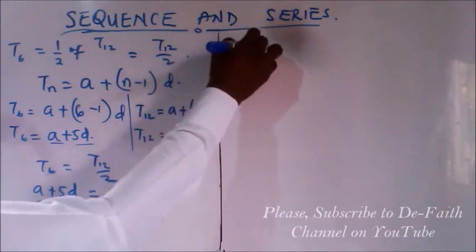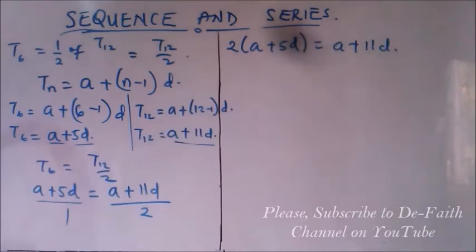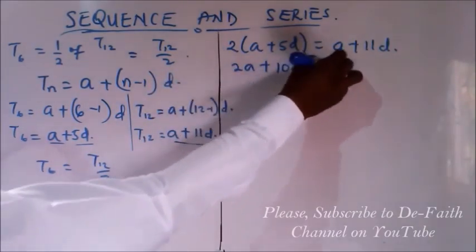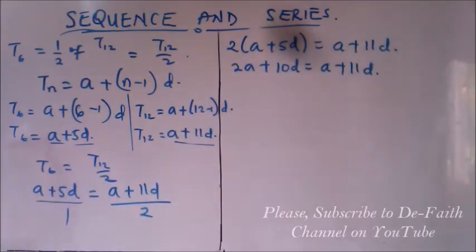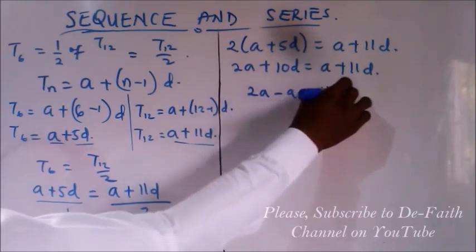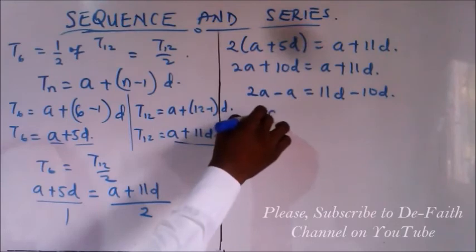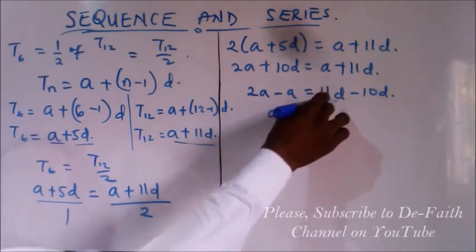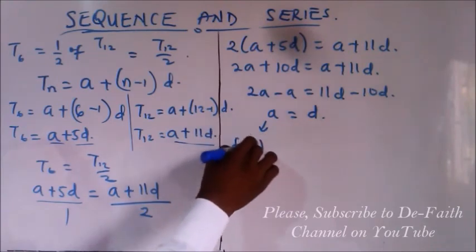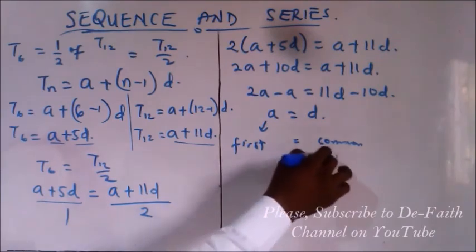We have 2 into bracket A plus 5D equal to A plus 11D. 2A plus 10D equal to A plus 11D. Let's bring like terms together. We have 2A minus A equal to 11D minus 10D. And so 2A minus A leaves us with A equal to 11D minus 10D, that is D. So we have that the first term is equal to the common difference.